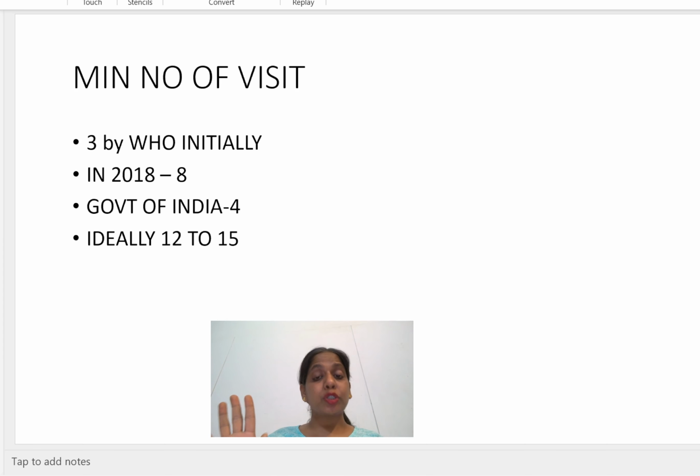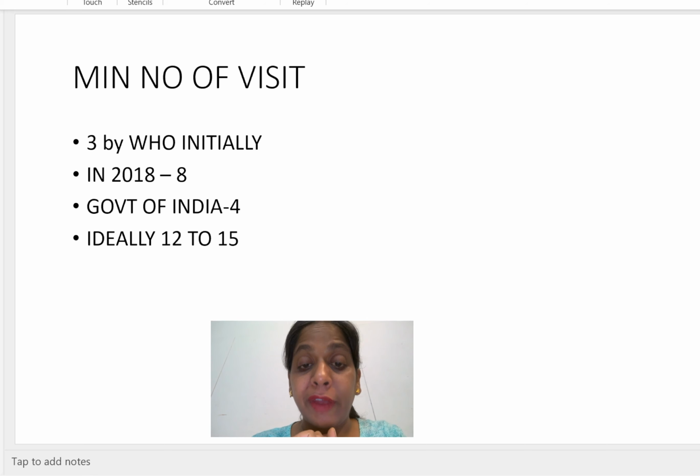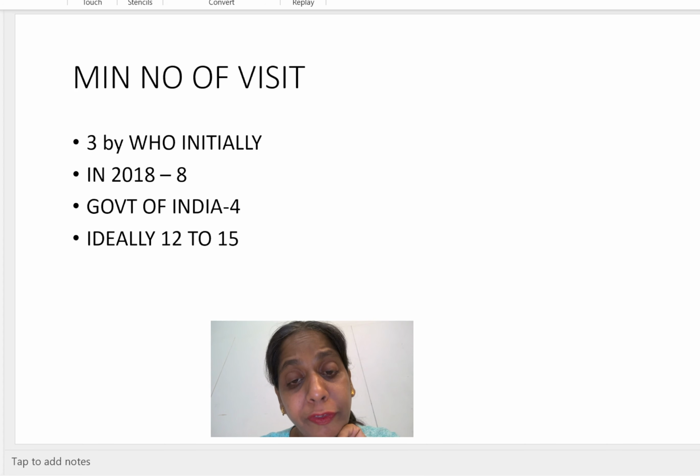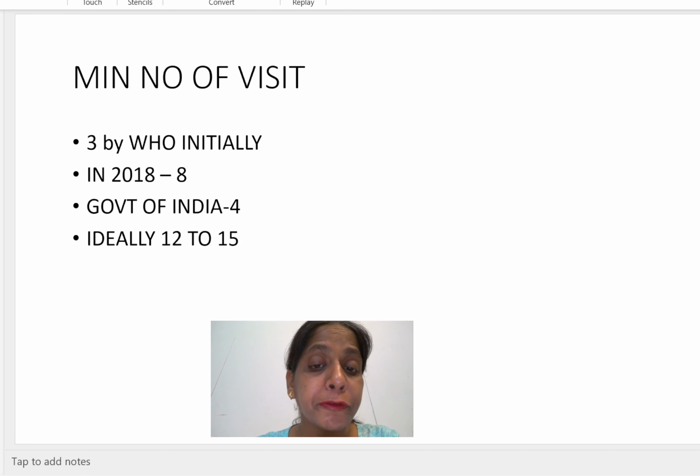So you have to read carefully whether they have asked the minimum number of antenatal visits as per WHO or as per Government of India. As per WHO it is 8, as per Government of India it is 4, and ideally it should be 12 to 15.